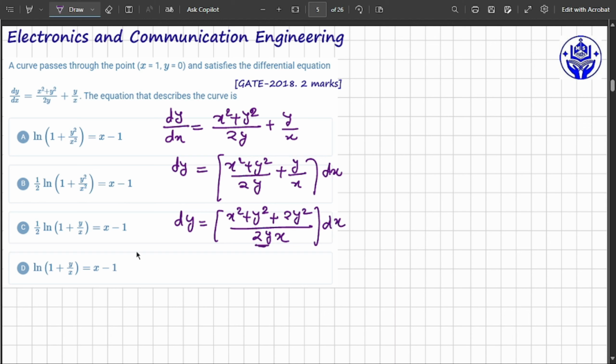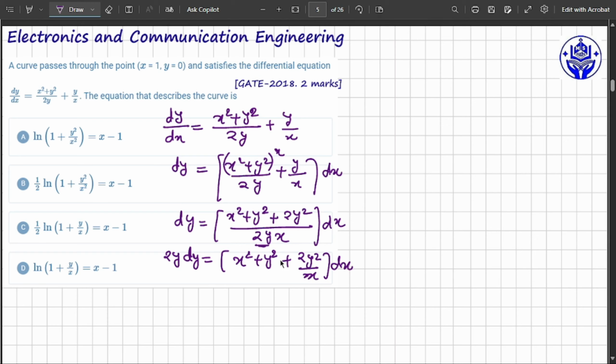If I take 2y here, then it will be 2y dy equals x square plus y square, of course the x will be here, plus 2 of y square upon x dx. Now somehow I'm going to separate it using this.